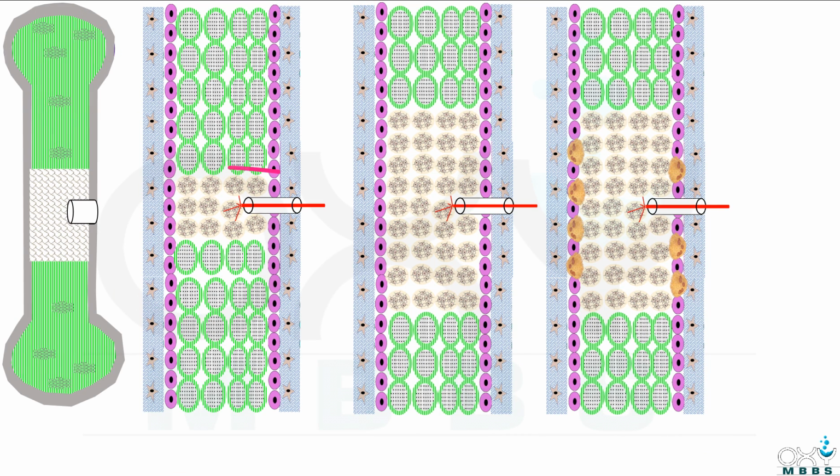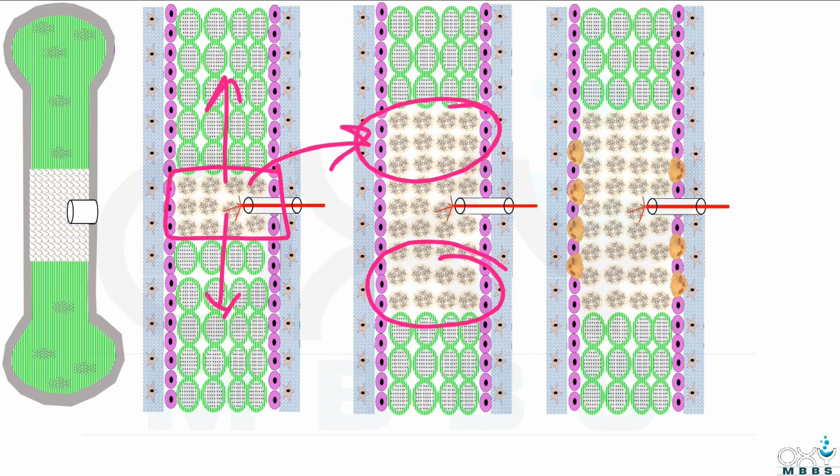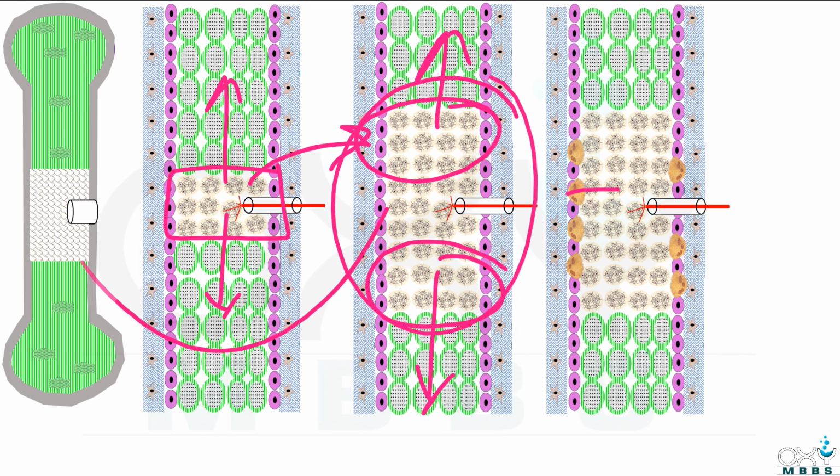So this primary ossification center grows towards both ends, as you can see in this picture. This is the primary ossification center growing towards both ends, and the first bony tissue which is formed is spongy bony tissue. That is why this bone will have trabeculae, and now the osteoclast cells present in the bone will start to break down the newly formed trabeculae.